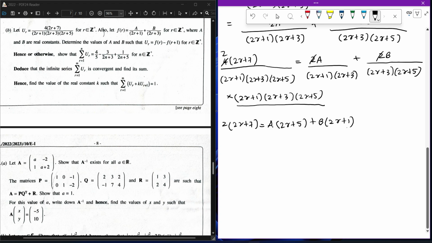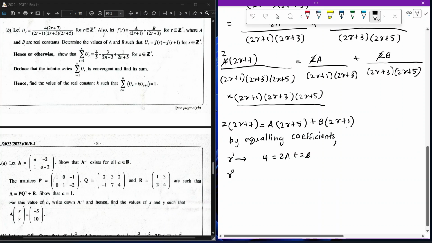How are we supposed to do it? By equating of coefficients. Okay, so just consider r to the power 1, and thereby you get 4 equals 2a plus 2b, the positions where all the r is available.